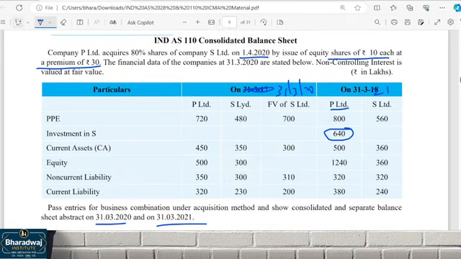Rupees is given in lakhs. Go through the full question, then we'll solve. It's a simple problem now. Go through that, then we'll solve.